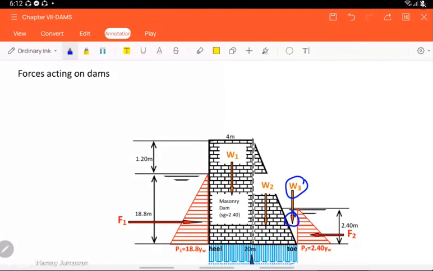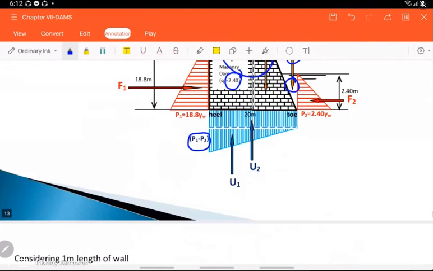It's not just concrete anymore. For concrete, we use the specific gravity, but here, that is already water for W3. So, okay.